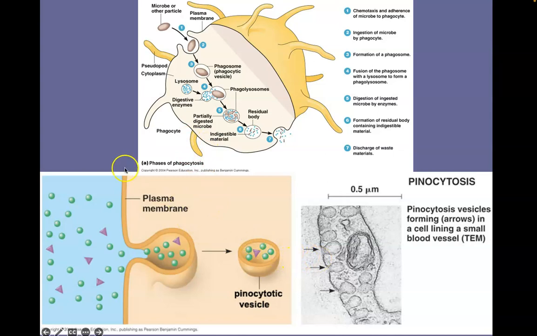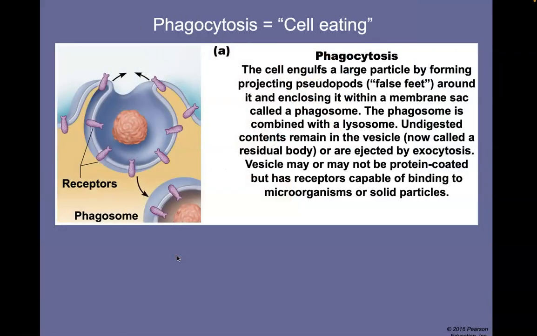Okay, so let's talk really quick about pinocytosis. Pinocytosis is what we consider to be cell drinking, and it's basically bringing in fluid, but with small particles, okay? So small molecules mixed in it. We call it cell drinking, but it's really eating small particles.